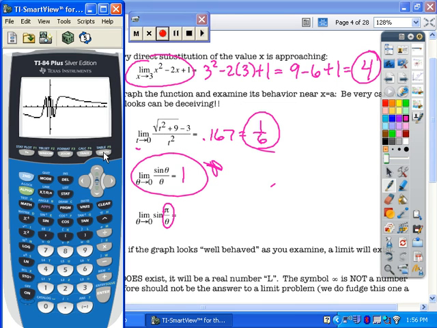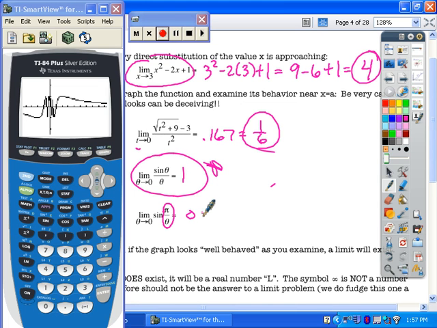If I look at the graph, what do I see at 0? I see some crazy stuff. I see some oscillating at 0. And if we see oscillation occurring, then that's an indication that the limit doesn't exist because it's not approaching one single value. So we would find out that it does not exist at 0.